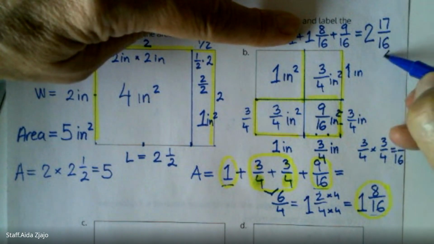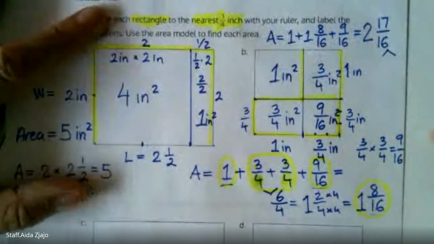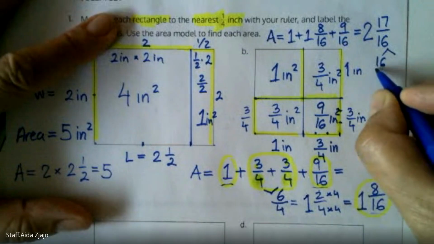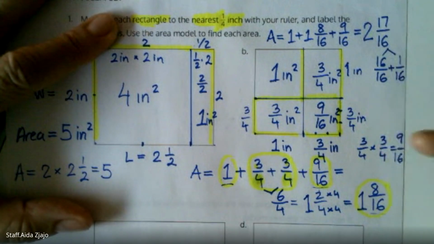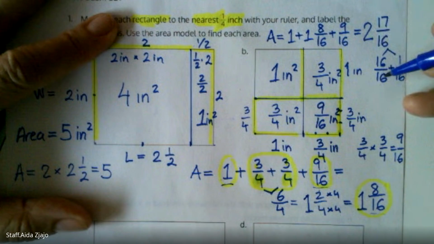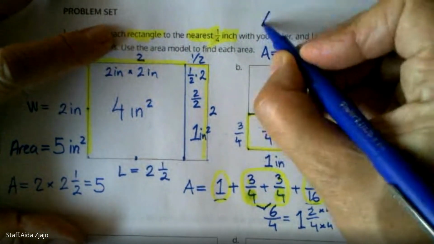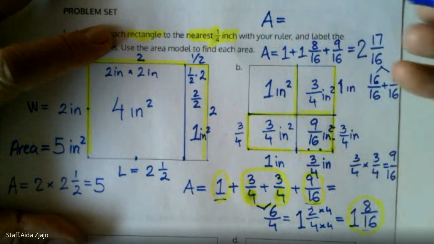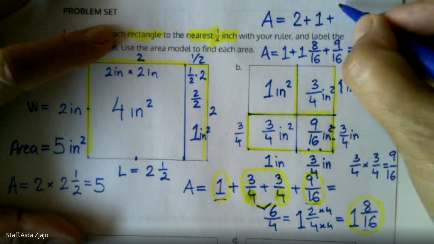Now, when you see 17 pieces and 16 pieces will make a whole, I can think this is 16/16 plus 1/16. 16/16 is 1 whole, and that makes 2 plus 1 more, 3 wholes and 1/16. So area equals 2 plus 1 plus 1/16.